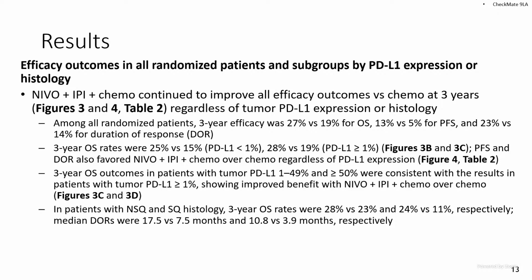And 3-year overall survival rate for PDL1 less than 1% was 25% versus 15%, PDL1 more than or equal to 1% was 28% versus 19%. And the overall survival benefit was seen across PDL1 1 to 49% and more than or equal to 50%. Again, this trial had both non-squamous and squamous. So the 3-year overall survival rates in non-squamous was 28% versus 23% and 24% versus 11% in squamous. Next slide, please.